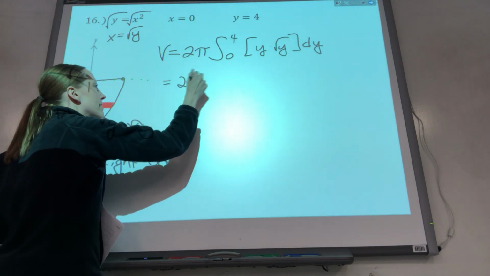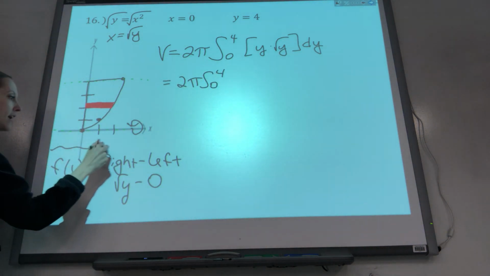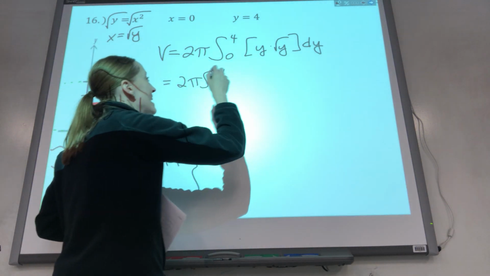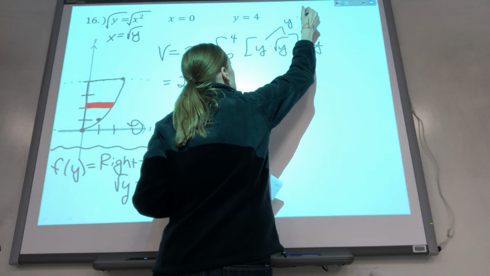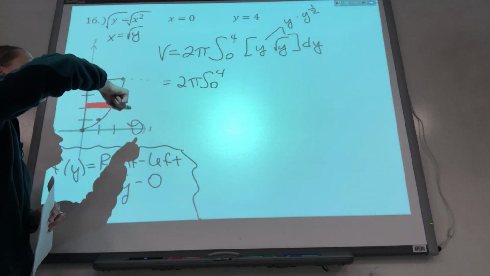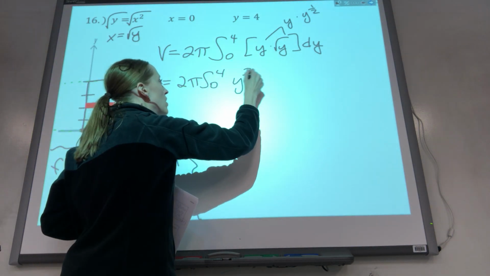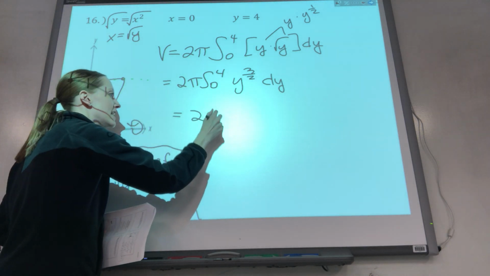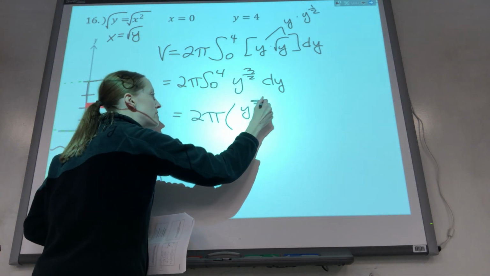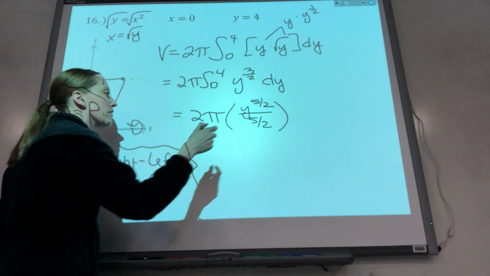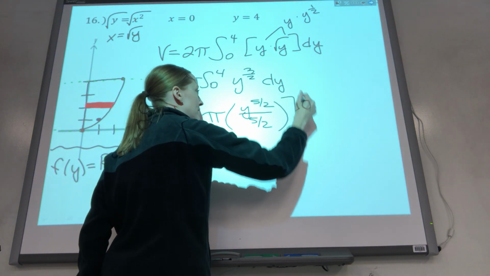Now, simplifying that before I integrate, if this is y times square root of y, it's like taking y times y to the 1/2 power. So 2 halves plus 1/2 would be 3 halves, but I haven't integrated yet. That's still just me simplifying. Here we go. Keep the 2 pi out front. Now it's going to be y to the 5 halves over 5 halves.